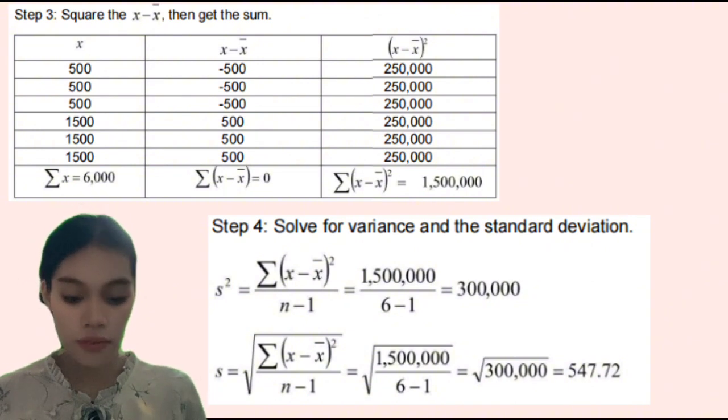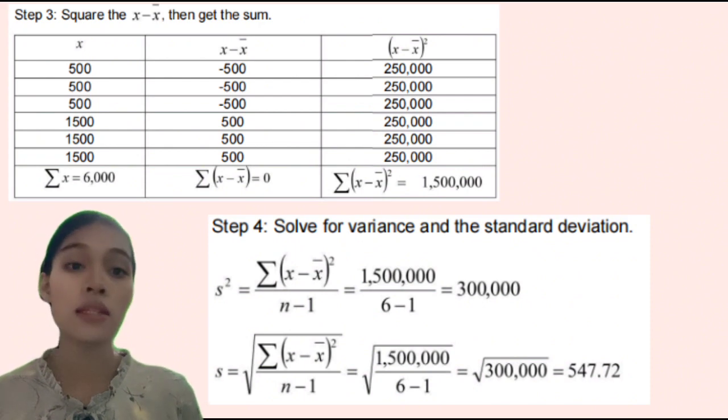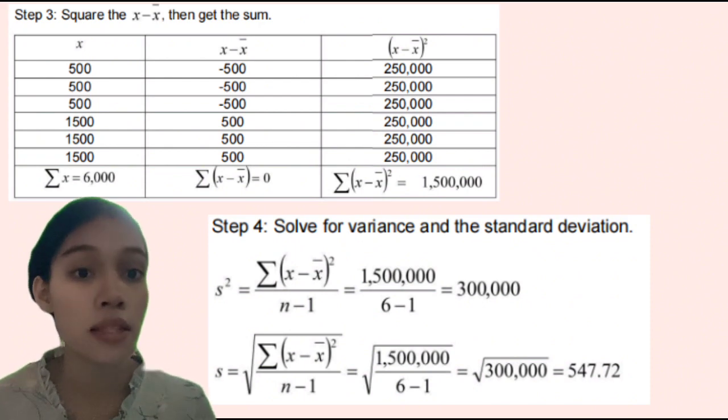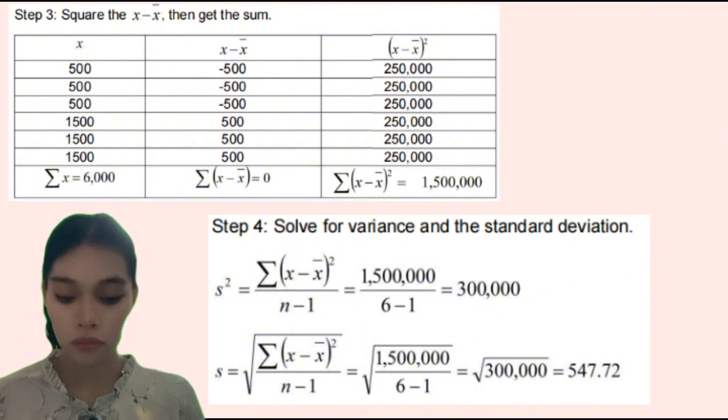And for the standard deviation, we will use the same formula. We have 1,500,000 divided by 6 minus 1, which equals 300,000.